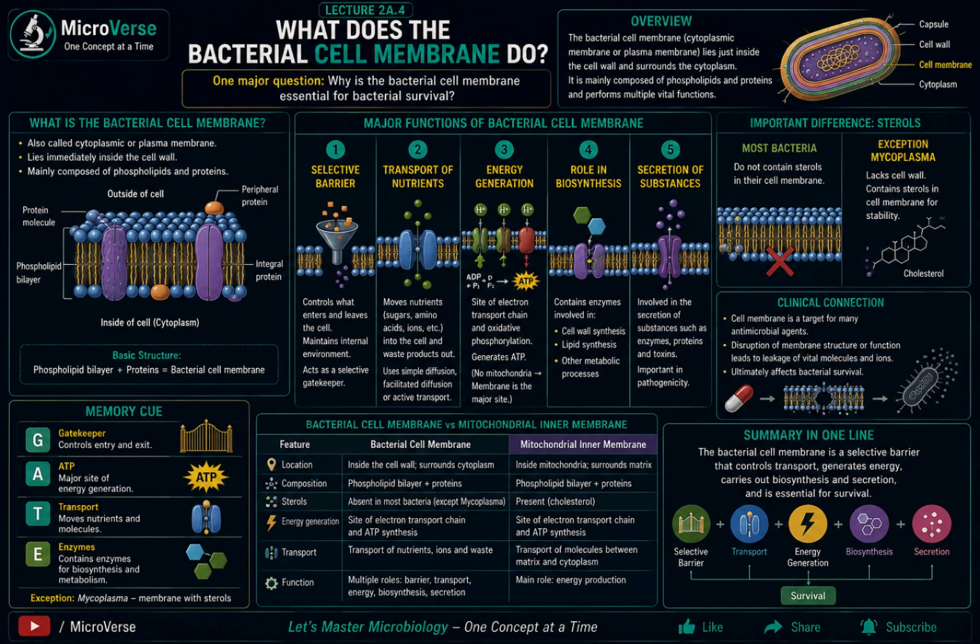So you can think of the bacterial cell membrane as performing functions similar to those carried out by the inner mitochondrial membrane in eukaryotic cells. This is an extremely important concept. No mitochondria, so the cell membrane becomes the major site of energy generation. Then the fourth one is a role in biosynthesis.